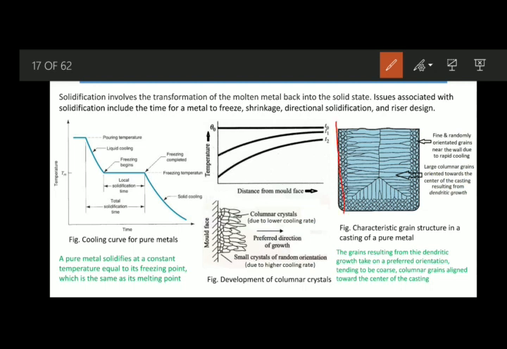Now suppose this is the mold cavity, and these are the surrounding walls. At these walls, the heat transfer rate is maximum, because they are directly in contact with the ambient.